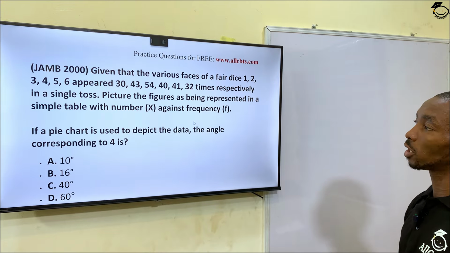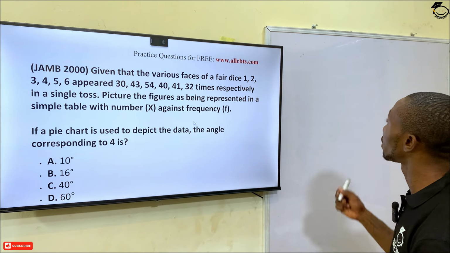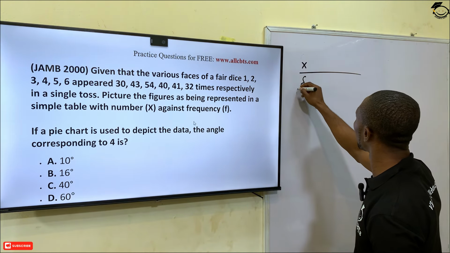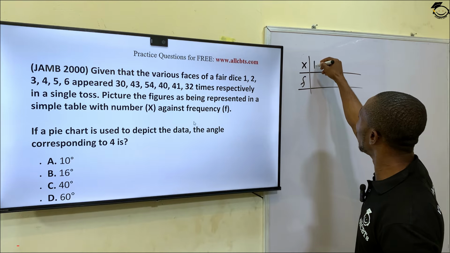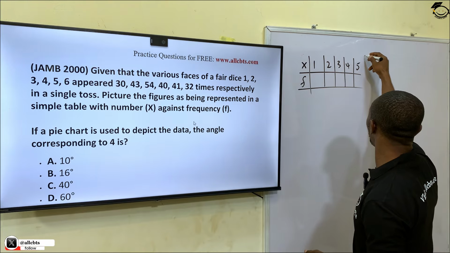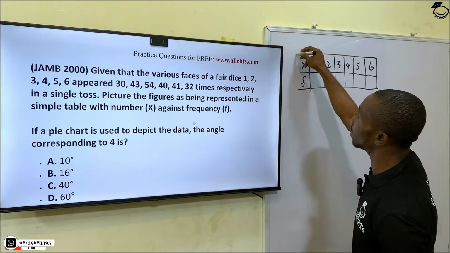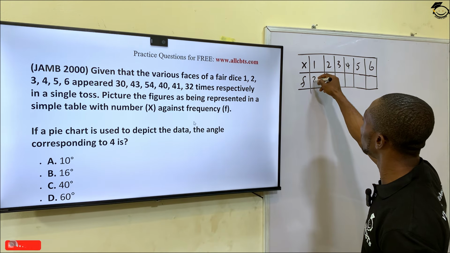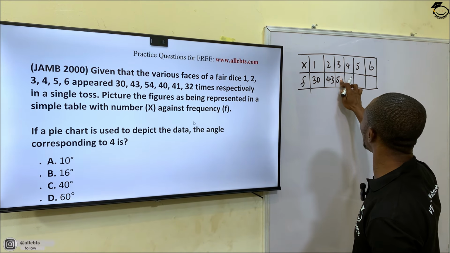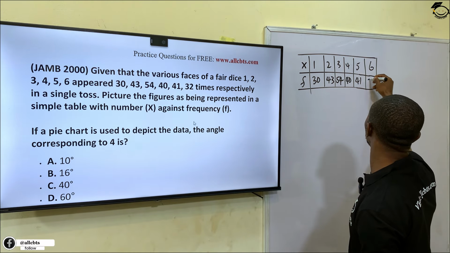Now, if a pie chart is used to depict the data, the angle corresponding to 4 is, so what we have to do here, we have our x and f. Where x is our number 1, 2, 3, 4, 5, and 6, and f is the frequency, the number of times they appeared: 30, 43, 54, 40, 41, and 32.